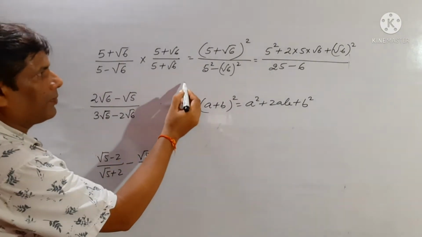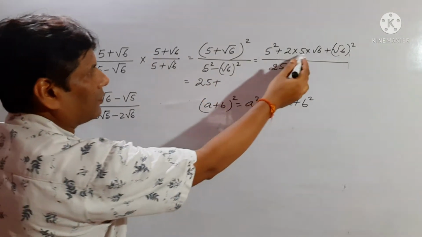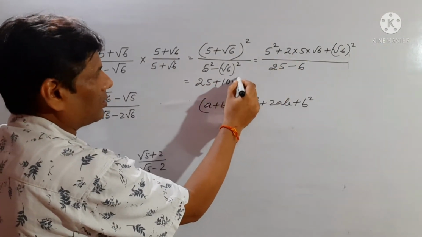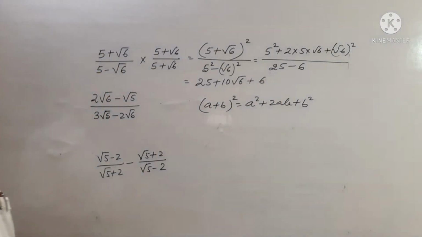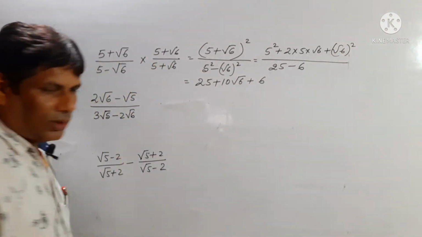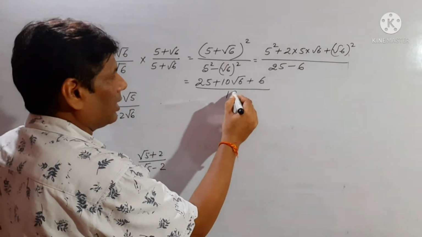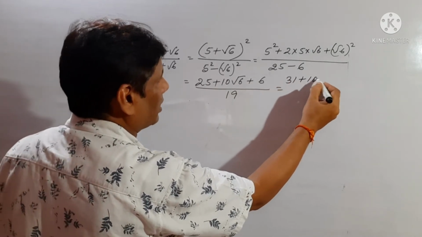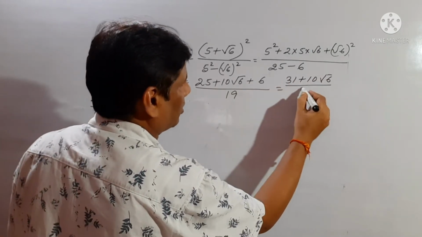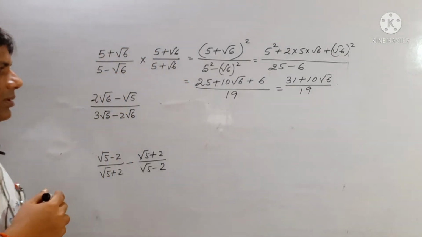So we get 5 square, 25, plus 2 into 5 into root 6, that is 10 root 6, plus root 6 square, which is 6. So 25 plus 10 root 6 plus 6, and in the denominator we get 25 minus 6, that is 19. So finally we get 25 plus 6 is 31, plus 10 root 6, divided by 19. So in this way we can rationalize this number.